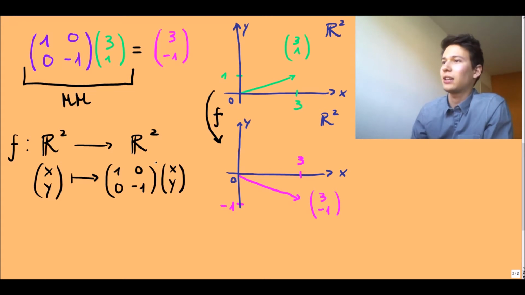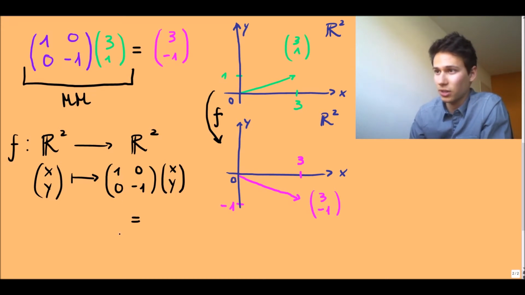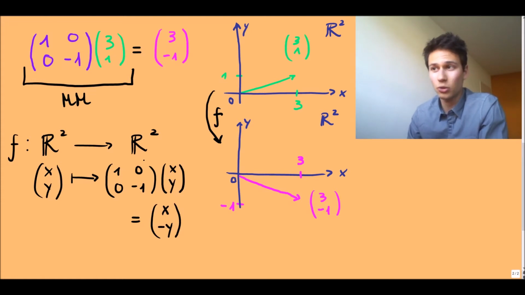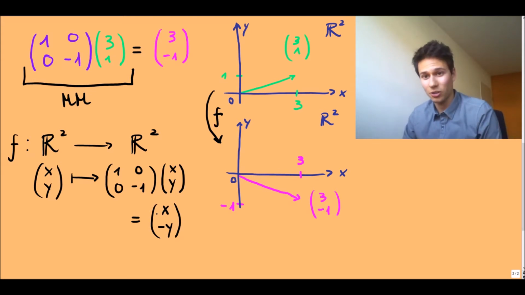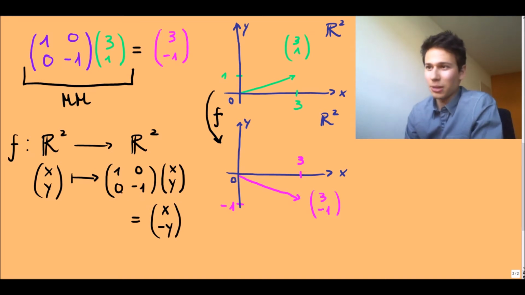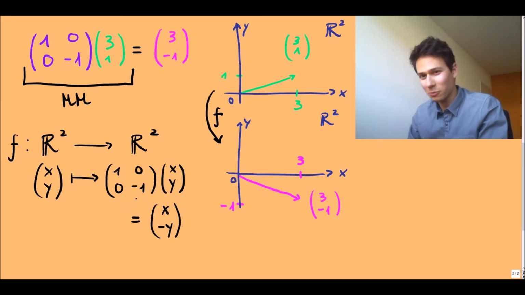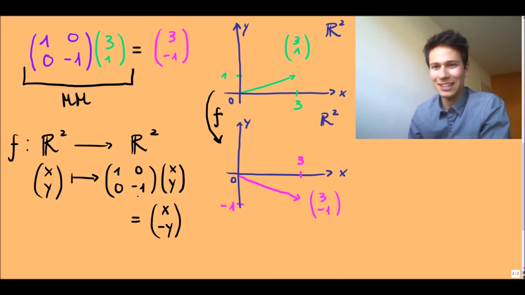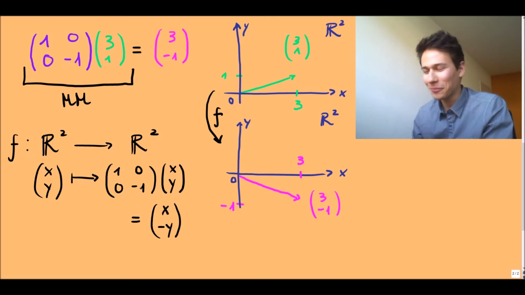Now you might say, well, okay, but couldn't I have written down this map also as, for example, x, -y? Because if you do this matrix multiplication, you would get exactly this. And then you would say, well, I don't need this matrix in front of my vector. And that's true. But if it's possible, and it is not always possible, but if it is possible, and it is basically possible if it is a linear map, and we're going to look more into this in a later video.